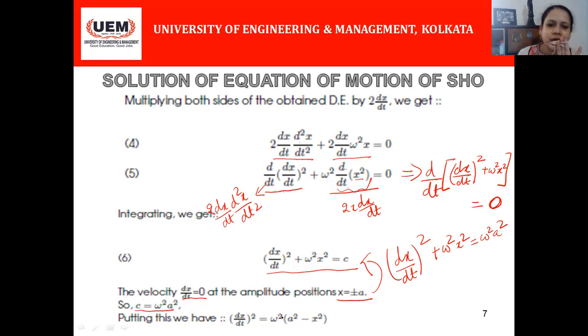So when we take this omega square x square to the RHS, we get (dx/dt) whole square is equal to omega square into (a square minus x square). So you see, the second order differential equation that we had is reduced to a first order differential equation. The differential equation becomes first order and second degree.